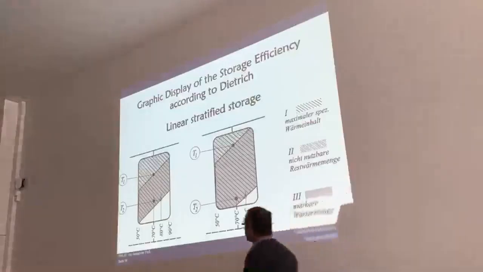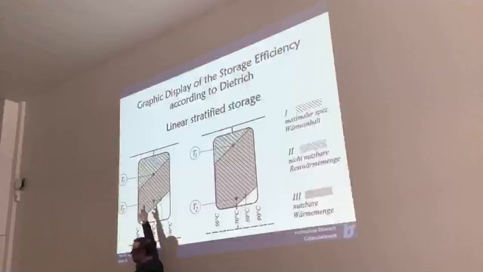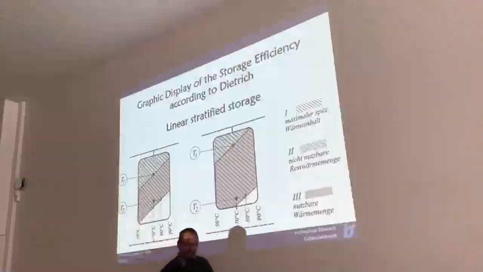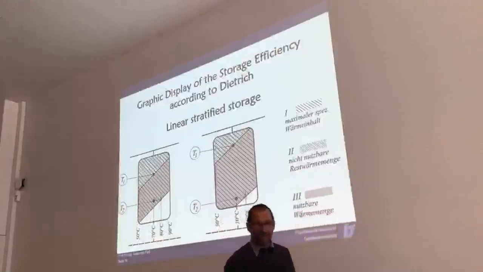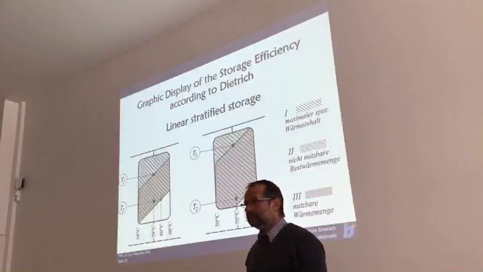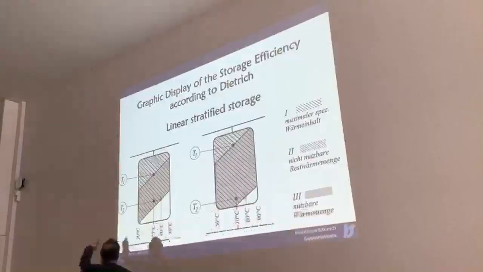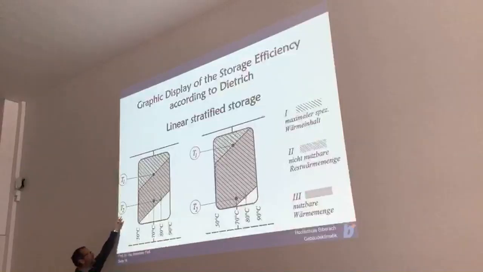T2, very close to the bottom, and the other one very close to the top. And here the question is, is the set point relevant for the storage capacity? Yes, it definitely is. If the sensor T2 is responsible for switching off the generator, and this switch off is set to a temperature of 70 degrees, then the charging is stopped when the line is here.